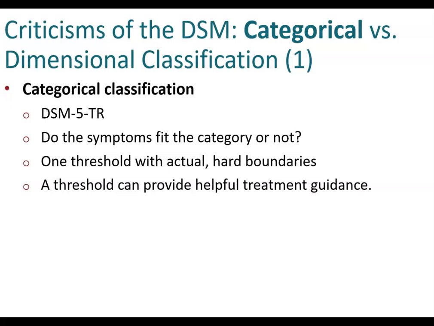Extending just a little bit our discussion about criticisms of the DSM, some say that there are categorical versus dimensional classifications. So a categorical classification is, here's some questions like, do the symptoms fit the category or not?